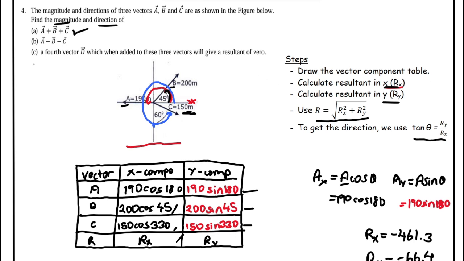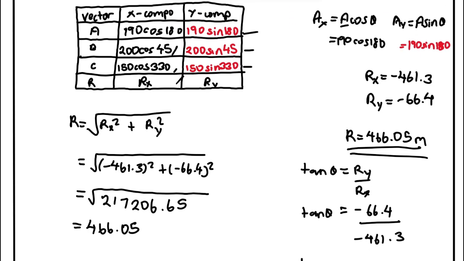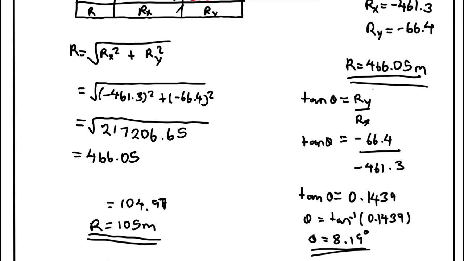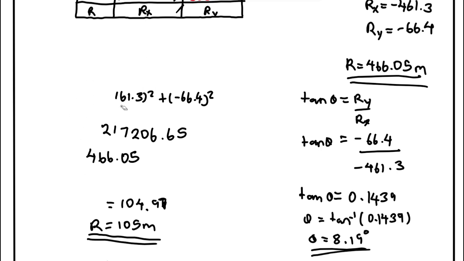Now, the last question, C. A fourth vector, D, which when added to these three vectors will give a resultant of 0. Let's analyze what we're being told here.